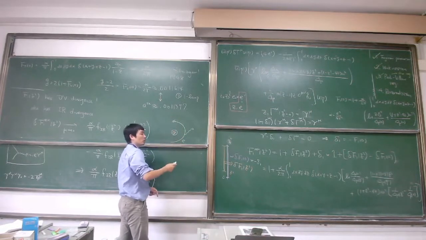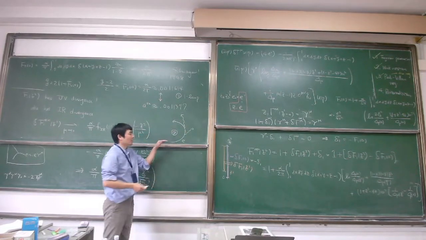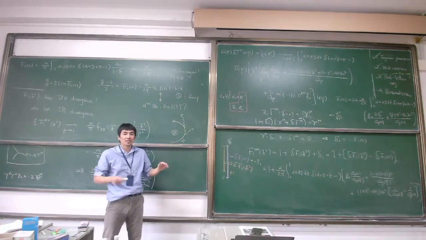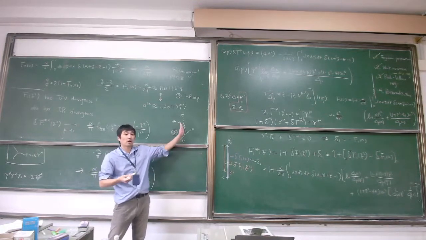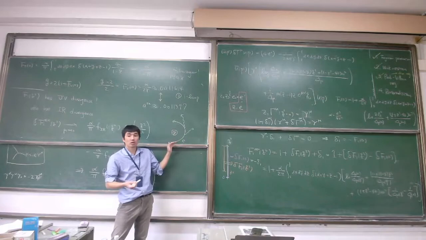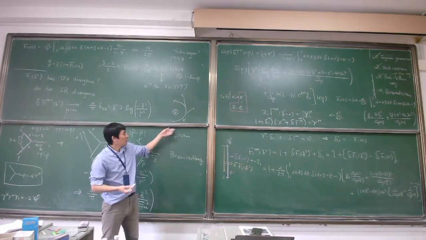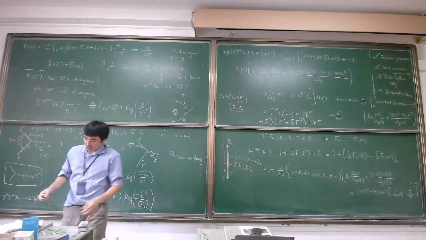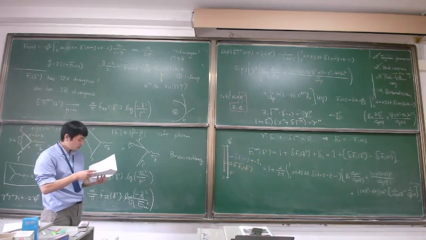Because of acceleration, it emits photons, and the energy of the electron decreases because it emits a photon. It is decelerating. So this is called Bremsstrahlung.